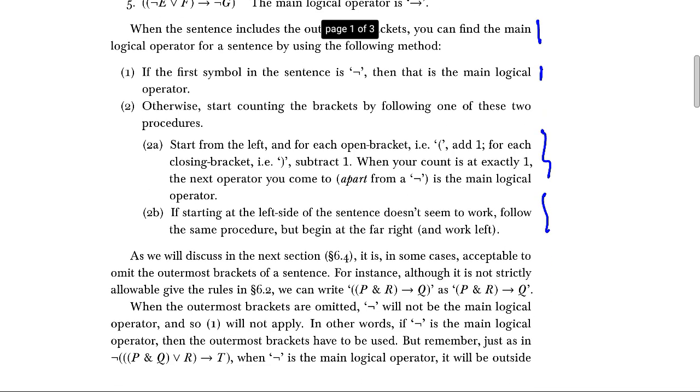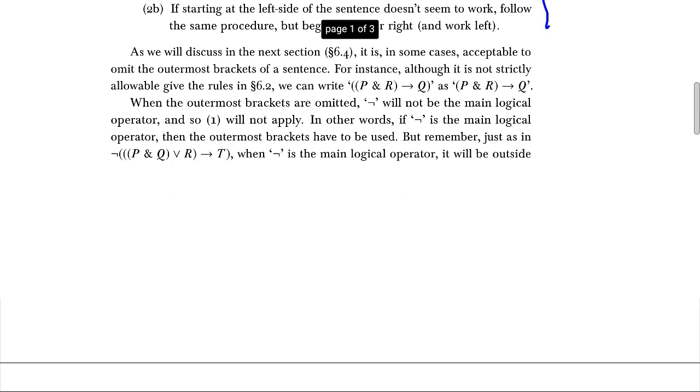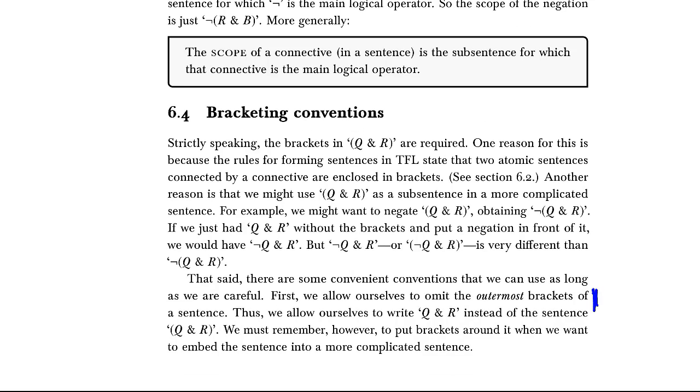If the outermost brackets are dropped, and if you read the next section, 6.4, it says here, I'm not going to go through it all, but it does say that in certain circumstances, dropping the outermost brackets is okay. It's allowable. It's not going to change anything. It's not going to confuse us, so we can do it.